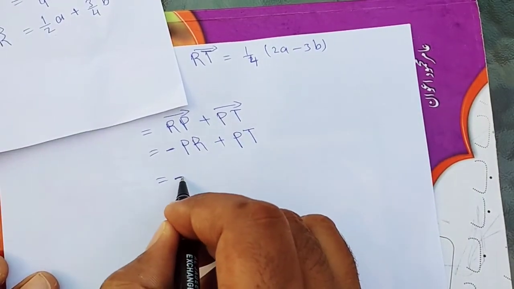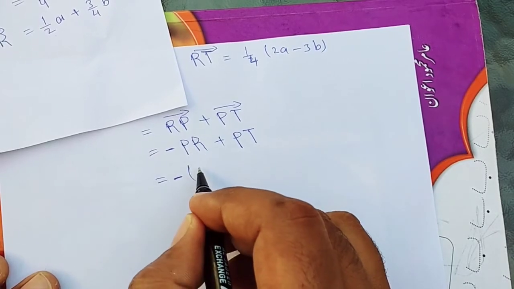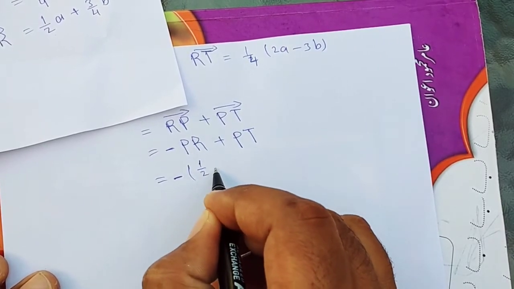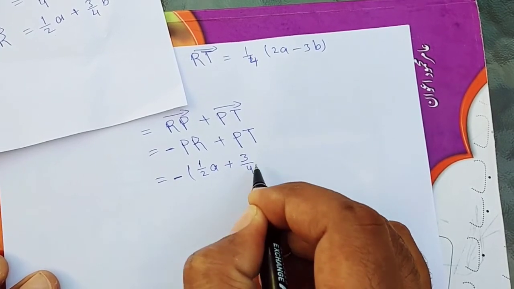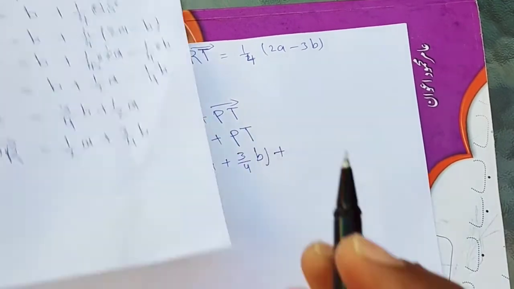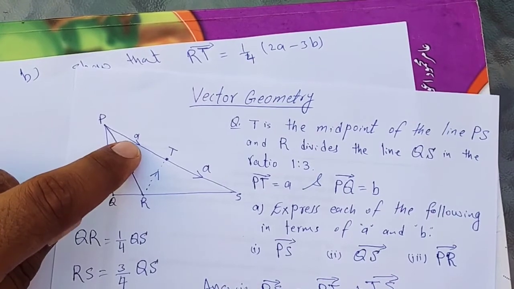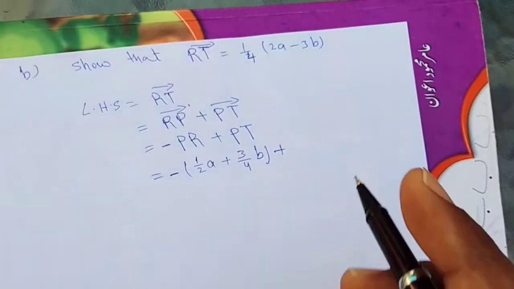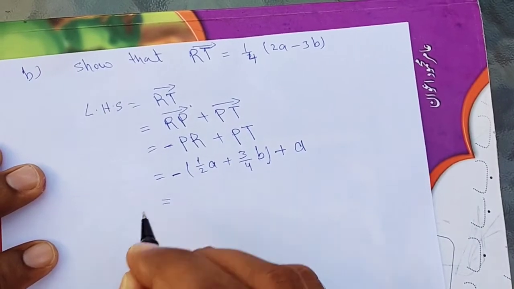In bracket I am going to write PR: 1 over 2a plus 3 over 4b, plus, what is PT? That is equal A. This is a proof, my dear.